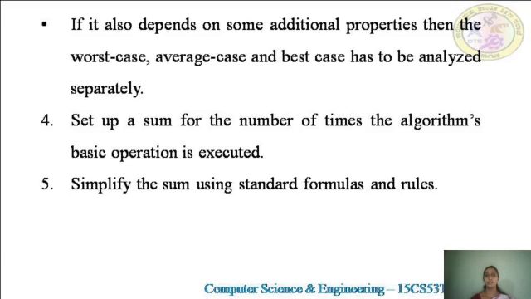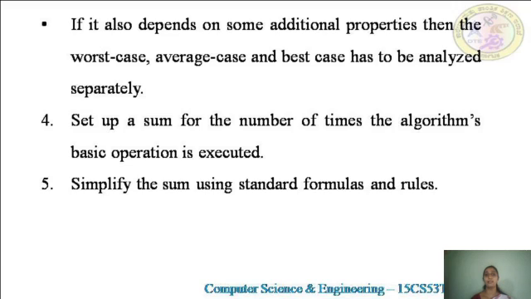That means we have a for loop in the algorithm, and the basic operation is executed in the for loop exactly once at each iteration. Finally, in the fifth step, we simplify such a formula using standard formulas and rules.